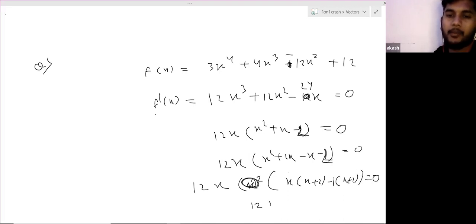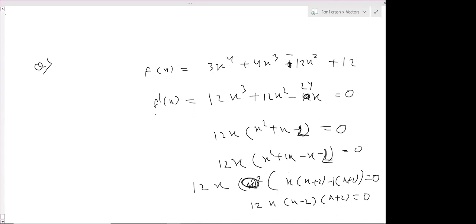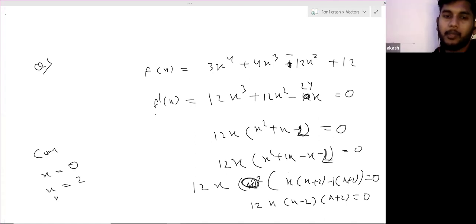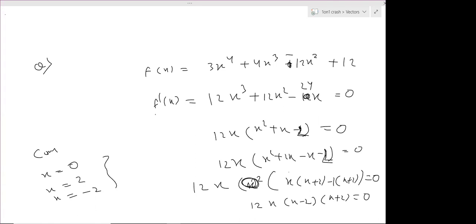So what we get is 12x times x minus 2 times x plus 2. So the critical points are x equals 0, x equals 2, x equals minus 2. This is clear.